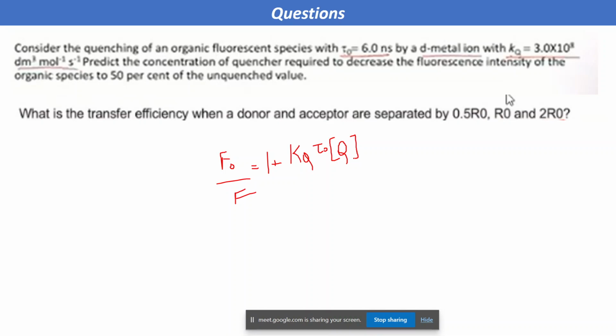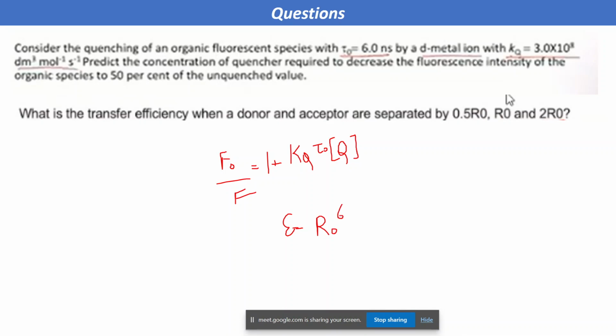Second thing you have to remember is, what is Forster radius? Forster radius is the distance between the donor and acceptor when the energy transfer efficiency is 50%. So it can be written as E equals R naught to the 6 upon R naught to the 6 plus r to the 6.